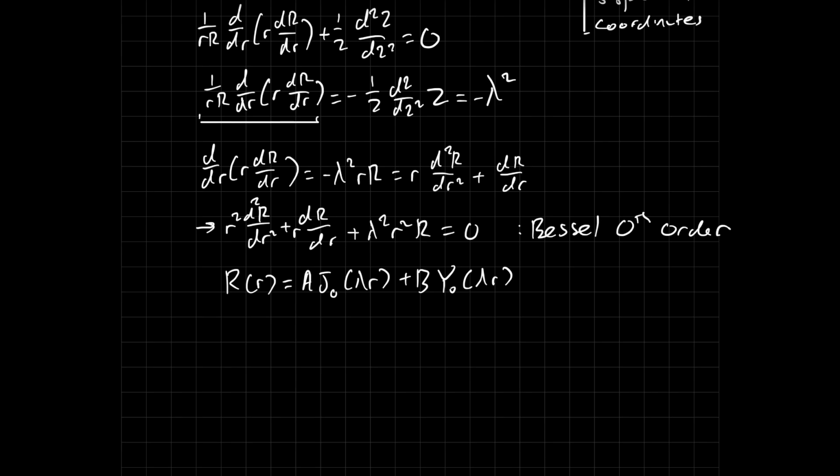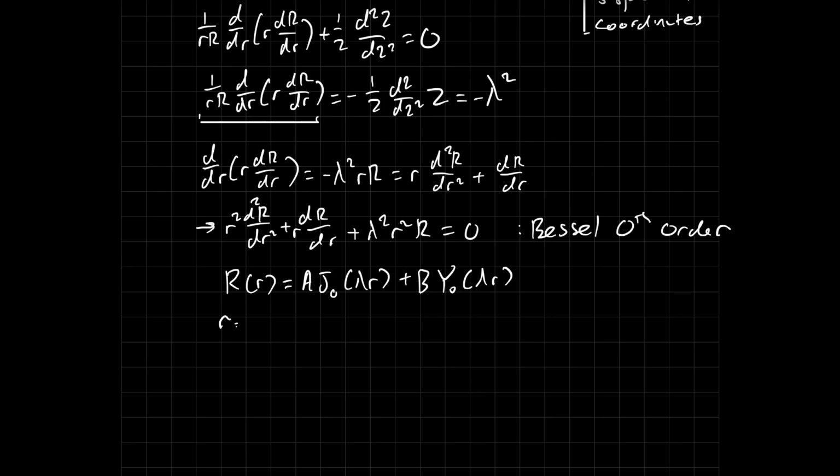So from what we know about the Bessel function and how it works, since as small r, or just the radius, goes to 0, then b has to also be 0.